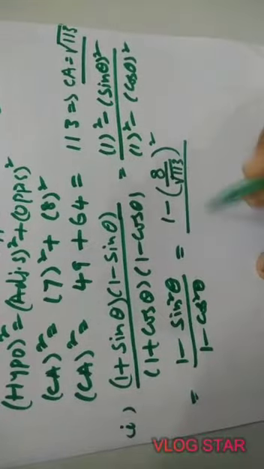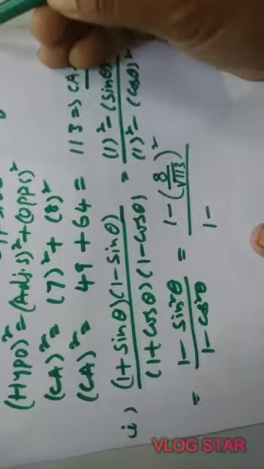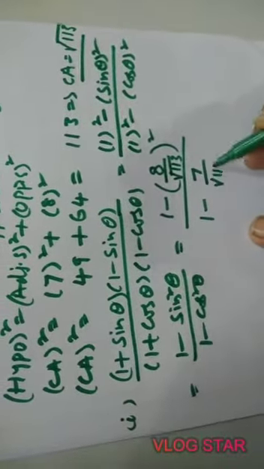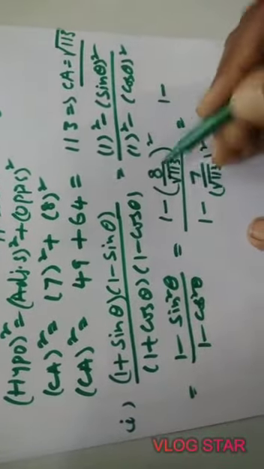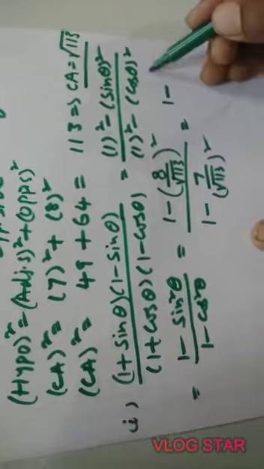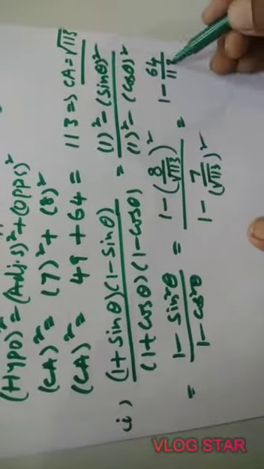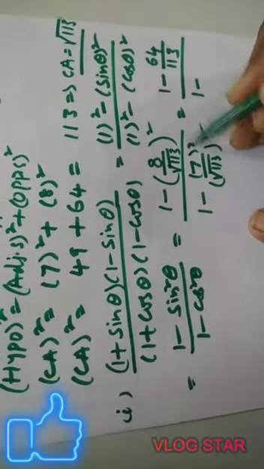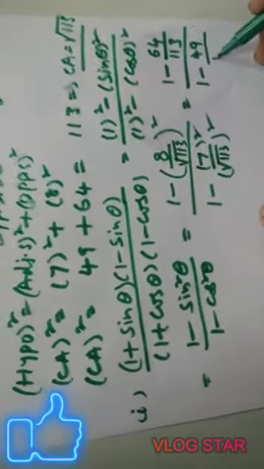And 1 minus cos square theta, where cos is adjacent side by hypotenuse. Adjacent side is 7 and root 113 square. So 1 minus 8 square, that is 64, by root 113 whole square, we can cancel root and square, remaining 113, by 1 minus 7 square, 49, by root 113 square, 113.